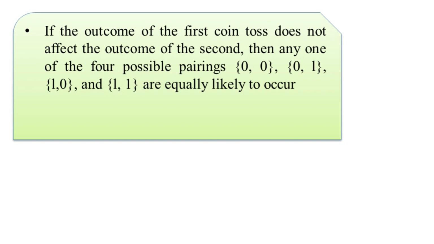Here we have the representation 0, 0 as the first possible combination. So here 0 is the result for the first coin and the same is the result for the second coin. Next we have 0, 1. So here we have 0 for the first coin and the result of the second coin is completely opposite to that of the first coin.